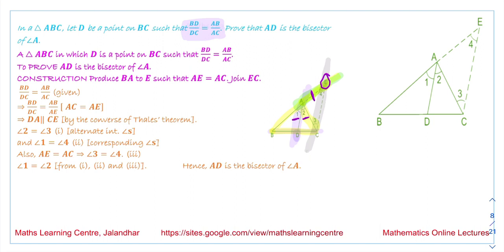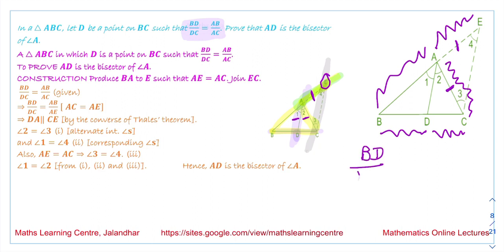Now it is given that this length BD over DC is equal to AB over AC. Now AC and AE lengths are equal to each other by construction. So what we get is that BD over DC is equal to BA over AE.